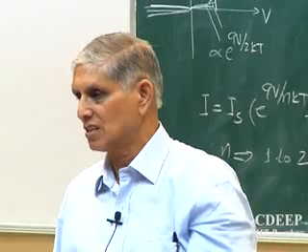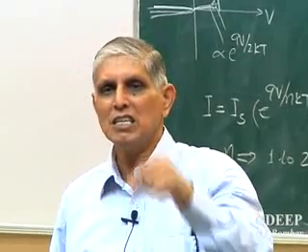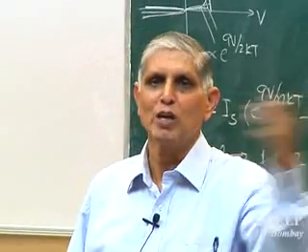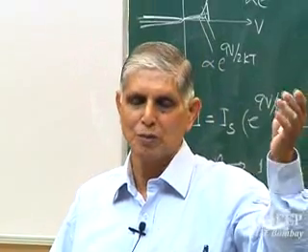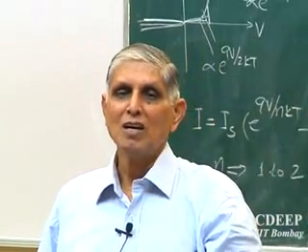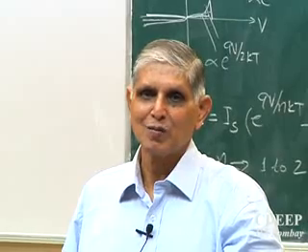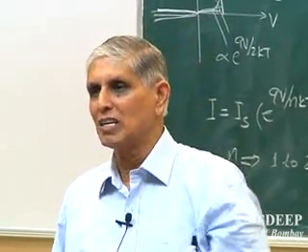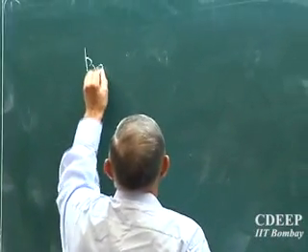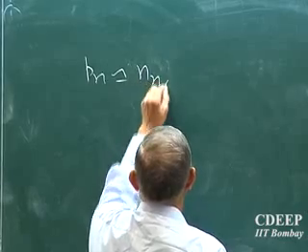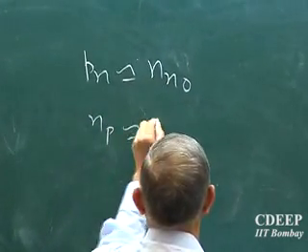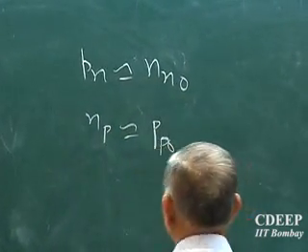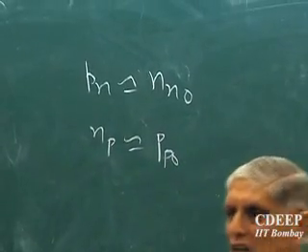That's why current is larger. If this number is equal to or closer to the majority values, that is Pp0 and Nn0, they are no more in minority. Is that point clear? We said they are in minority, but if Pn is of the order of Nn0 and Np is of the order of Pp0, they are no more in minority.